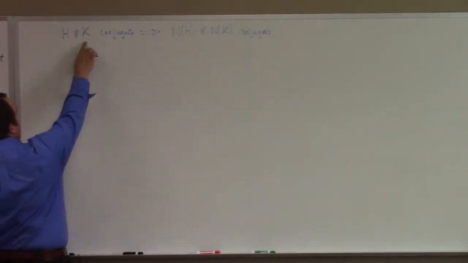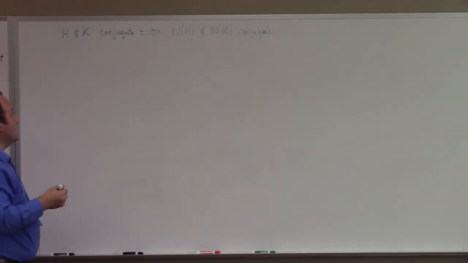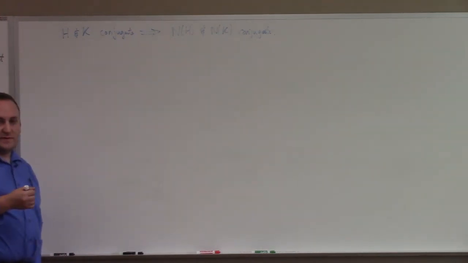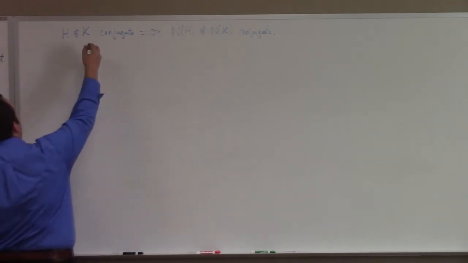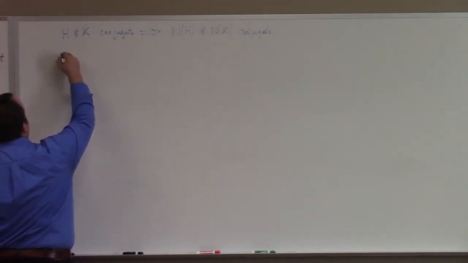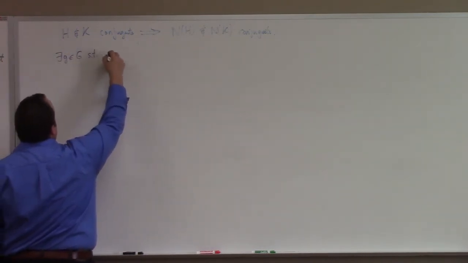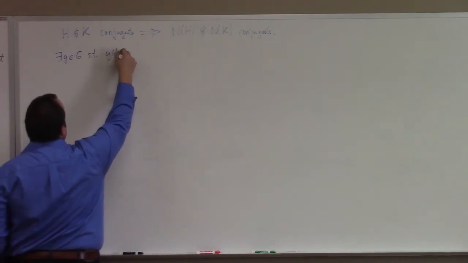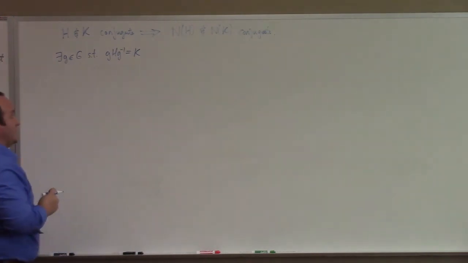So what does it mean for them to be conjugate? What are conjugate subgroups? There are different ways of looking at it. One way is that there exists an inner automorphism which maps one to the other. But in particular, it means that there exists g in G such that gHg inverse is equal to K. So this is what it means for subgroups to be conjugate.